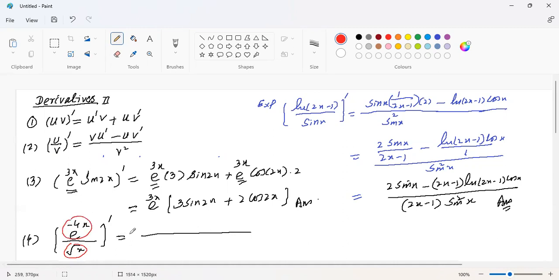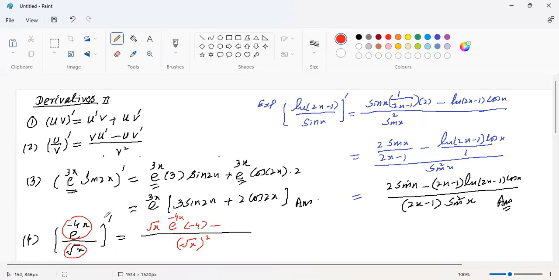And how to do this? You simply take the square of the denominator first of all, and then write the denominator here. Always take the square of the denominator, write the denominator here, and find the derivative of the numerator, which is e power minus 4x into minus 4, and then minus, like the formula v into u, right?